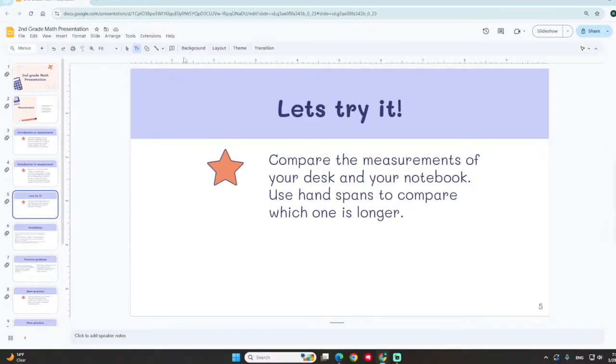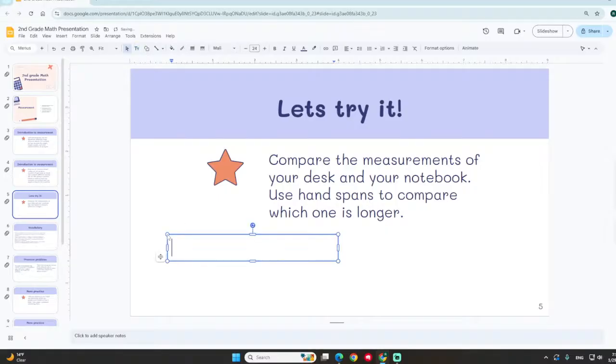Now, my desk is 8 handspans and my notebook is 1 handspan.